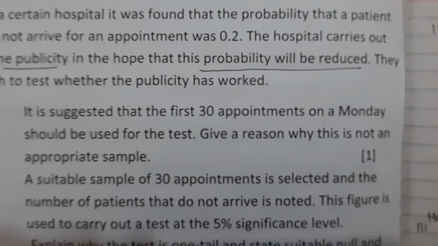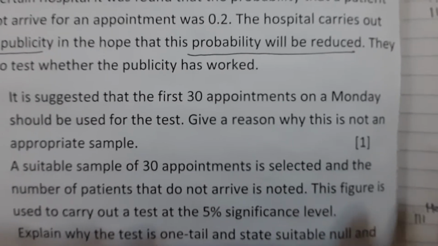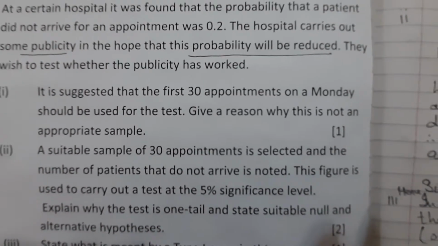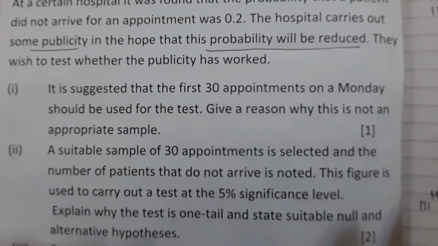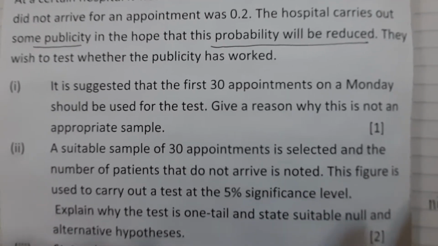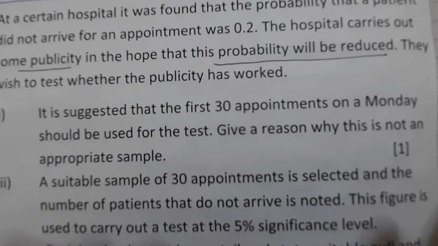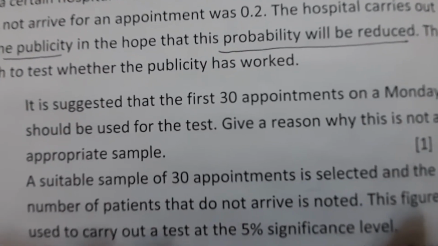In the sampling and estimation topic, we have done all this in detail. So if you can recall, you can write multiple reasons here. You can say that the probability could be different on different days, whereas when we are taking a random sample, the chances should be equal, right or no?